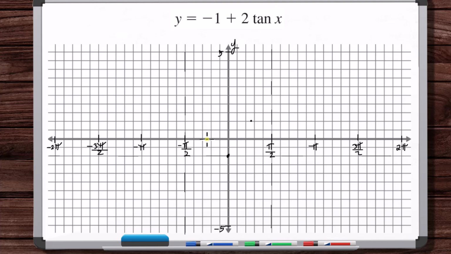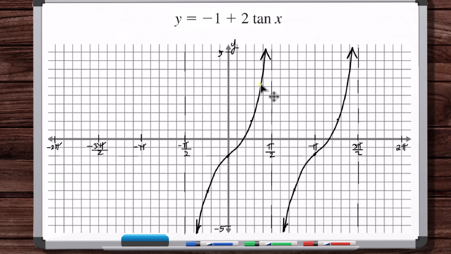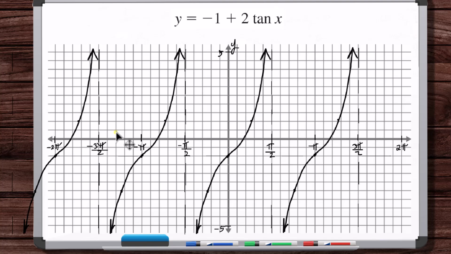And therefore over here, we go 1, 2, 3, 4. Like that. And there we go. And that's the graph.